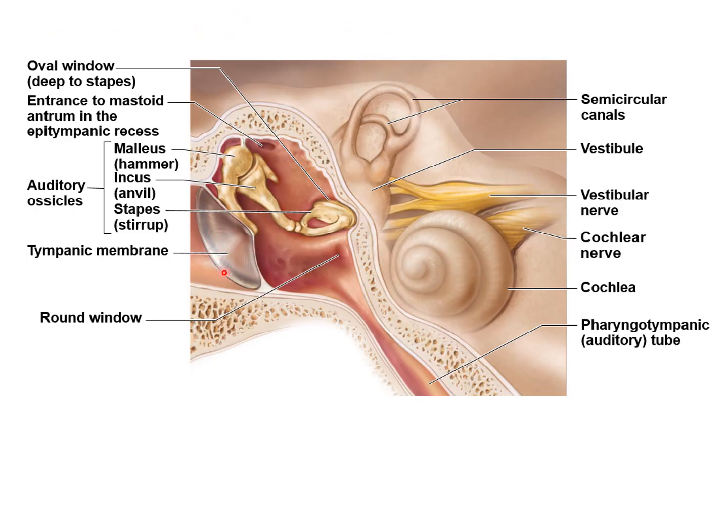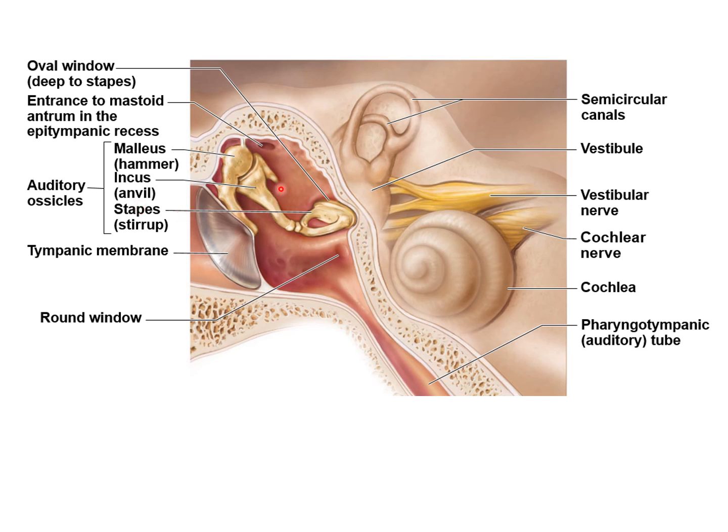Well, the external ear ended right here, and the middle ear begins right here at the tympanic membrane. And we kind of left off our story with this tympanic membrane vibrating because a sound wave hit it. So now in the middle ear, we can see this little bone that's connected to the tympanic membrane. It's called malleus because it looks like a hammer, which articulates with the next little bone, which we call the incus.